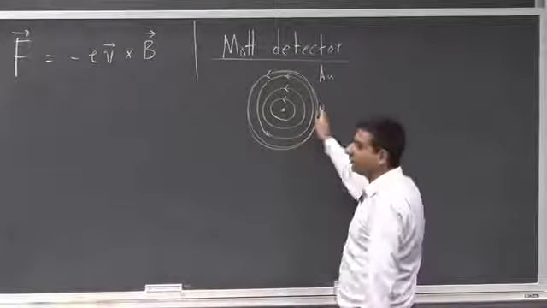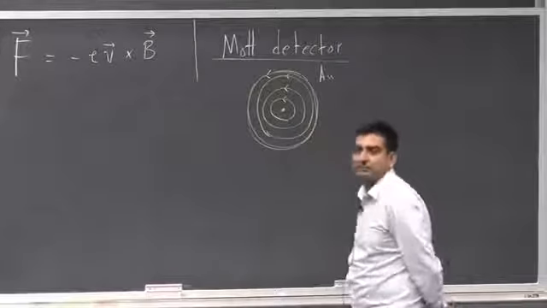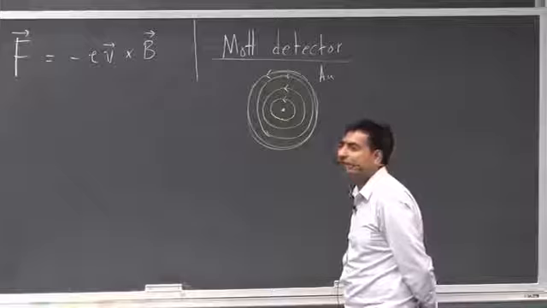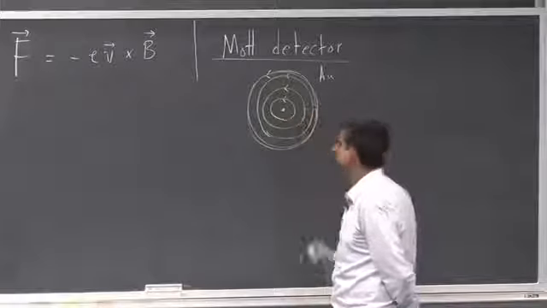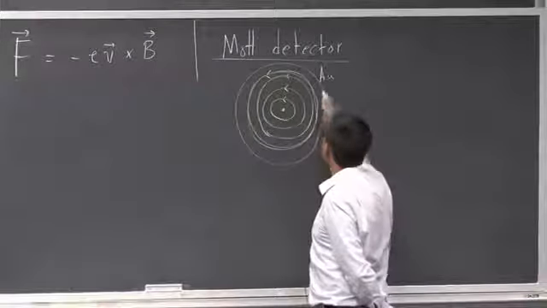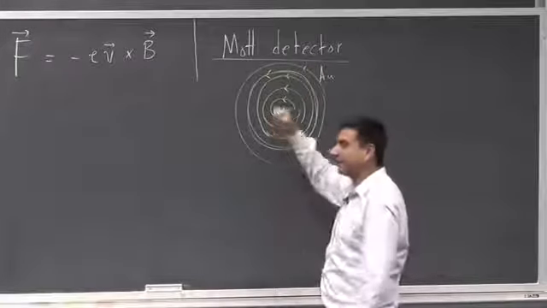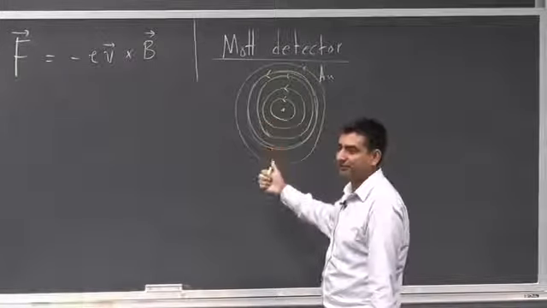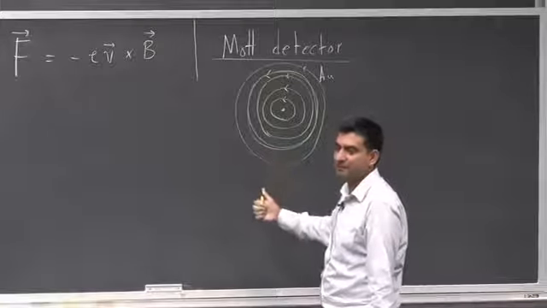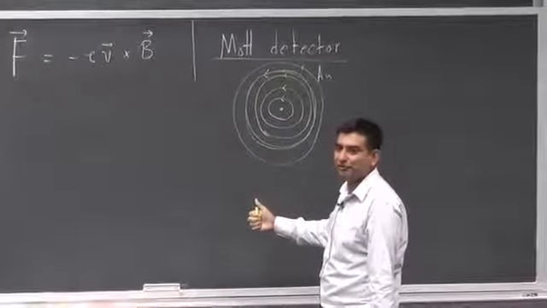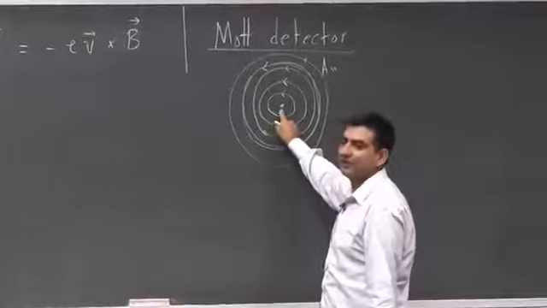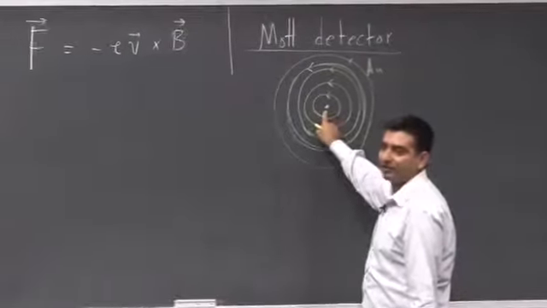And is the field uniform here? Is this field uniform in space? You have a current-carrying conductor or a current. Is the field uniform? No, it's not. It's given by Ampere's law. It falls off inversely with the distance from the nucleus. It's mu naught I over 2 pi r, if you remember.